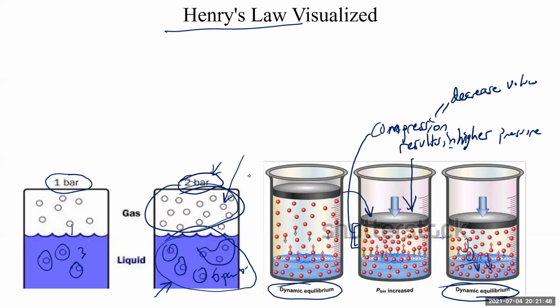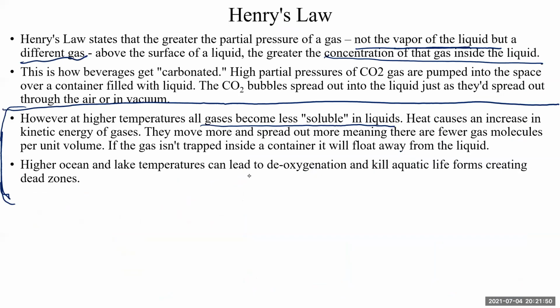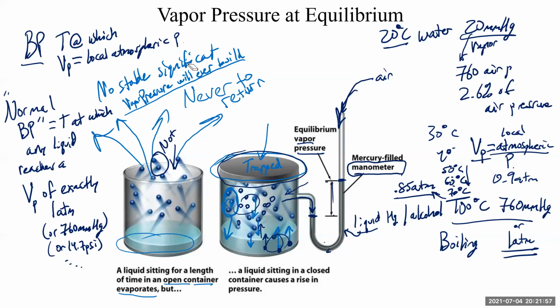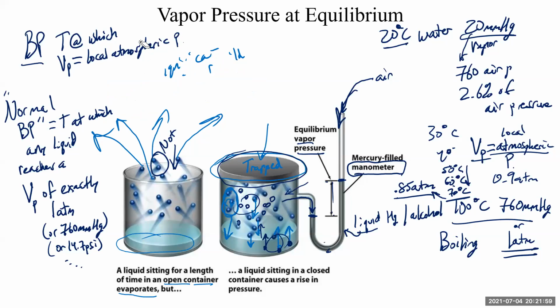Let me go back here a little bit. I just wanted to represent this a little bit here. So the way you'd represent this is with those double pointing, or left and right pointing arrows I showed you earlier. Let's say this is water down here.